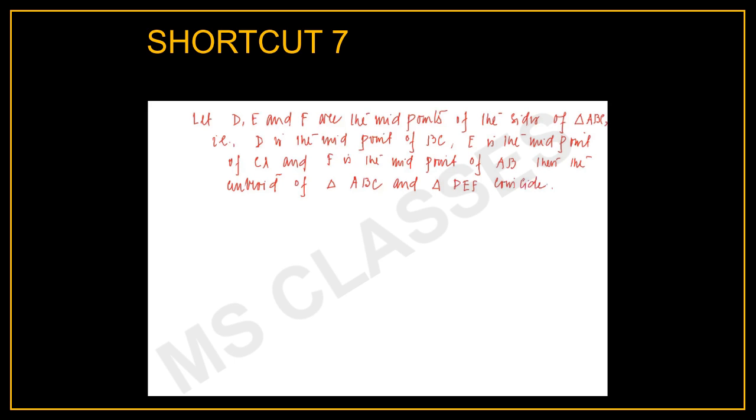That is, suppose we know the points D, E, and F, and we have to find the centroid of the triangle ABC. For that, we do not need to find ABC. We will just find the centroid of the triangle DEF. Since the centroids of triangle DEF and ABC coincide, we are done. Very simple.